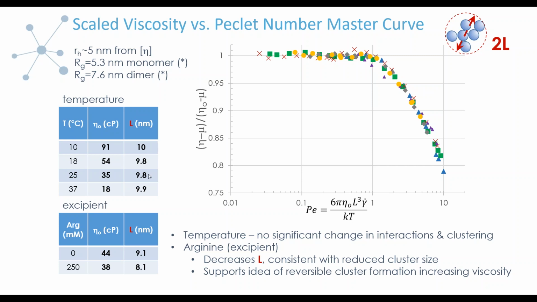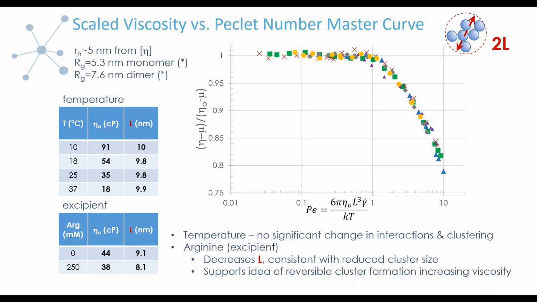So this would indicate that the change in behavior that's occurring when we change the temperature in this protein solution is entirely coming from just the speeding up or slowing down of the motion that occurs from the temperature change.